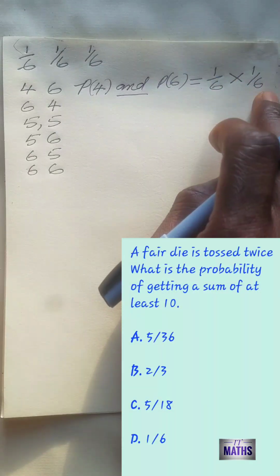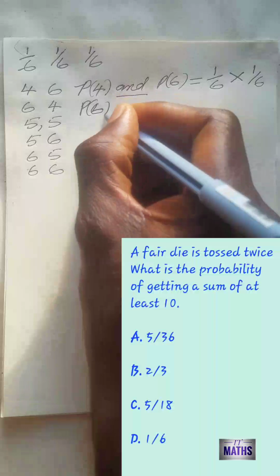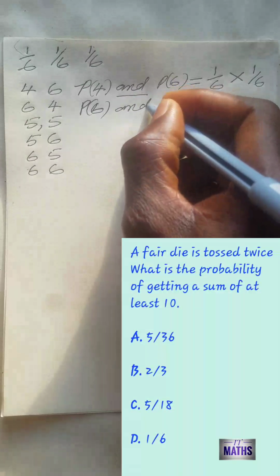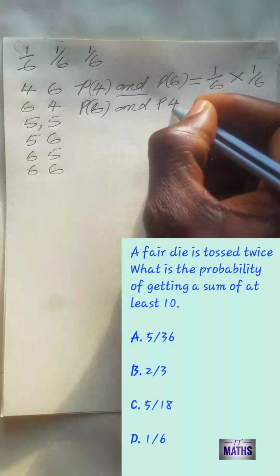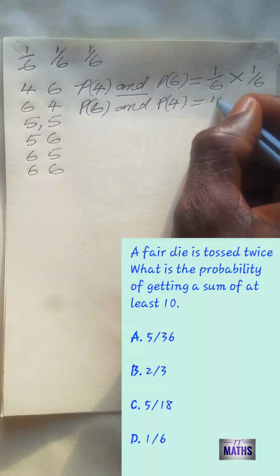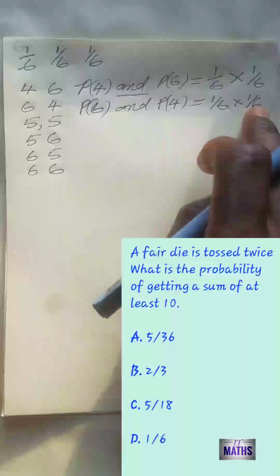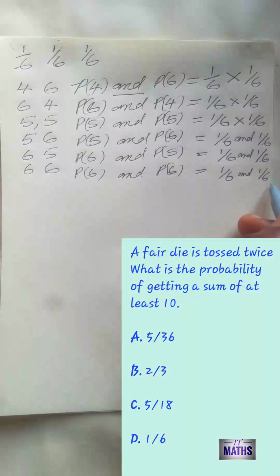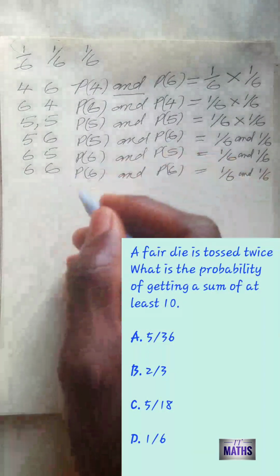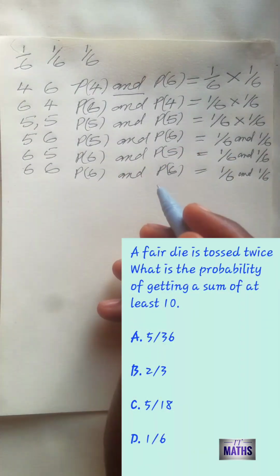Is that okay? So the probability of having a 4 and a 6 is 1 out of 6 multiplied by 1 out of 6. Assuming I do this for all of them, what would I be looking at at the end of the day?